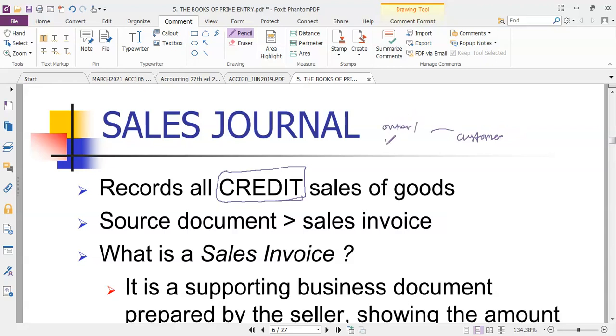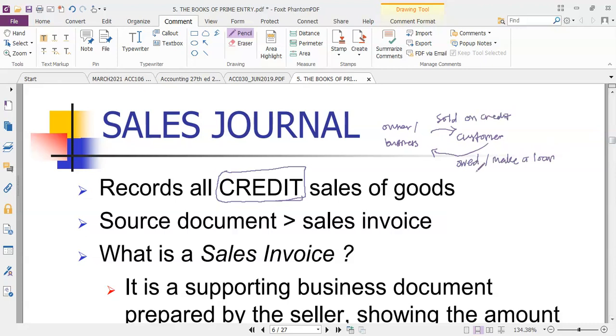The business sold goods to the customer on credit. It means that the customer owed to the business, owed or made a loan to the business.